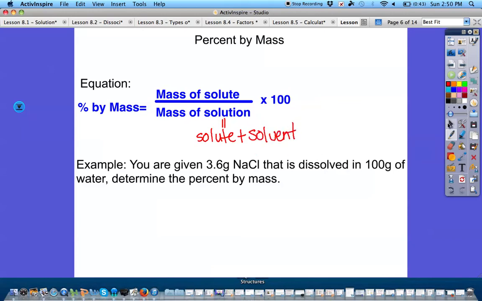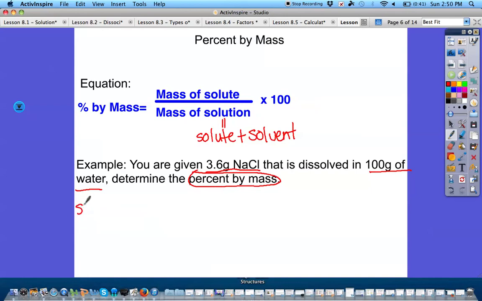Now you don't have this example in your packet, but you might want to go ahead and write down the calculations just as an example problem. So you are given 3.6 grams of sodium chloride, and it is dissolved in 100 grams of water. You want to determine the percent by mass.